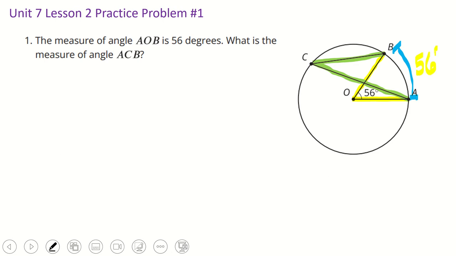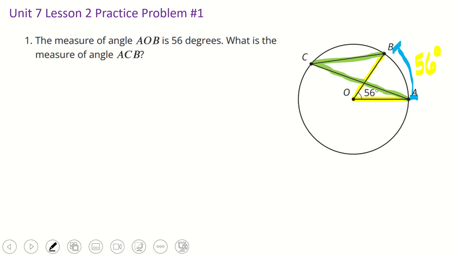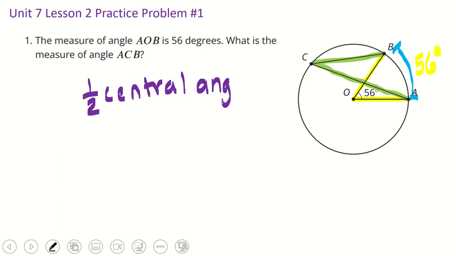So I know this arc, B to A, is 56 degrees. My inscribed angle is calculated as 1/2 the central angle. That is how I get my inscribed angle.